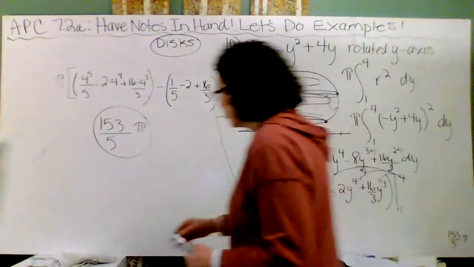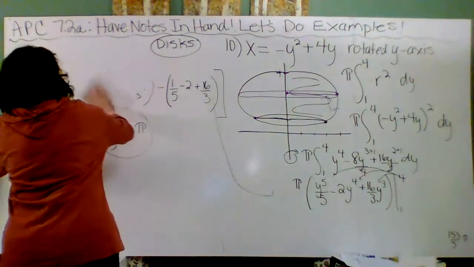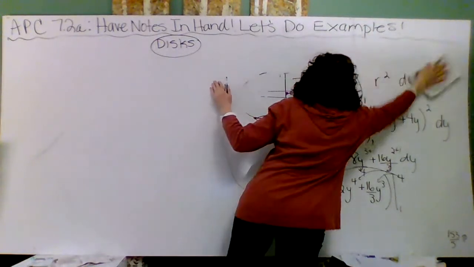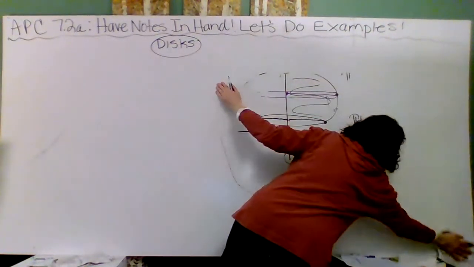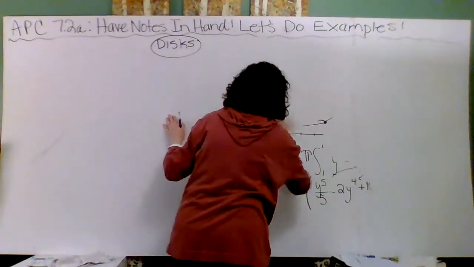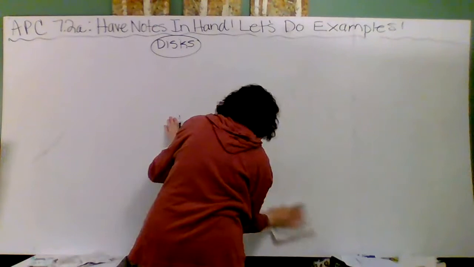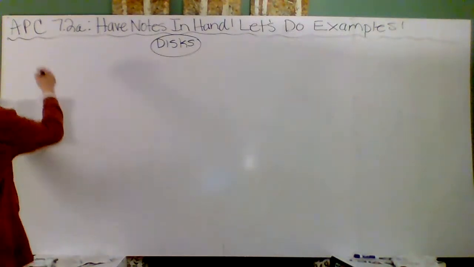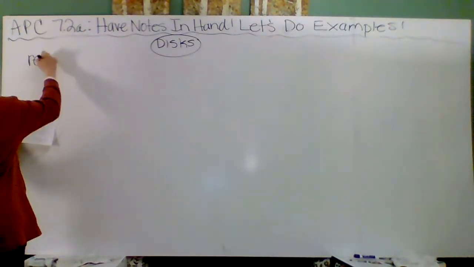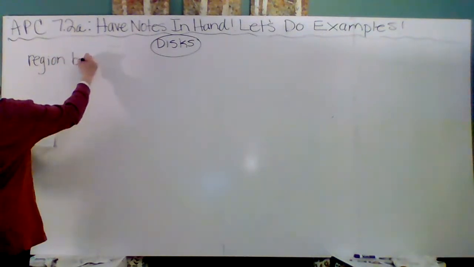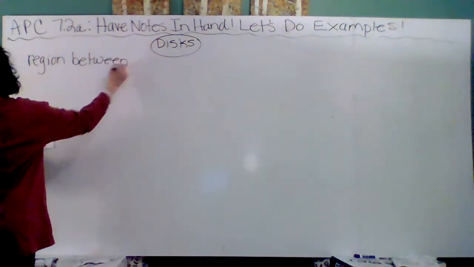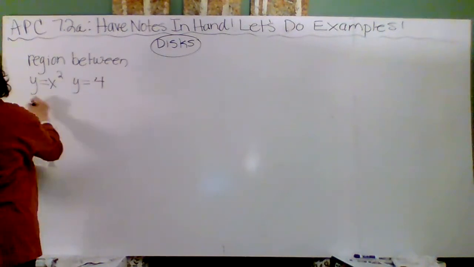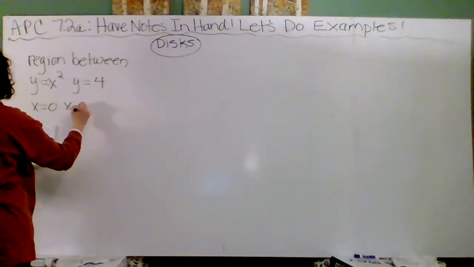Okay, so let's erase and let's do the example that's at the bottom of your paper, because we have to practice drawing our own region. Let's say you are given the region between y equals x squared, y equals 4, x equals 0, and x equals 2.